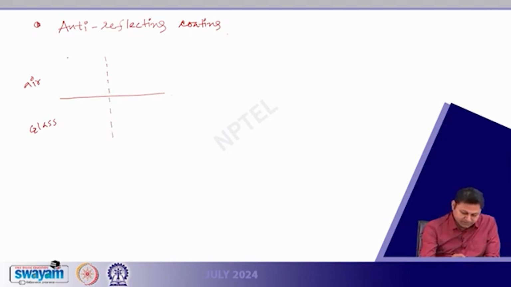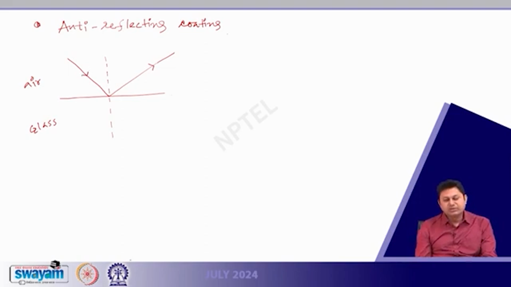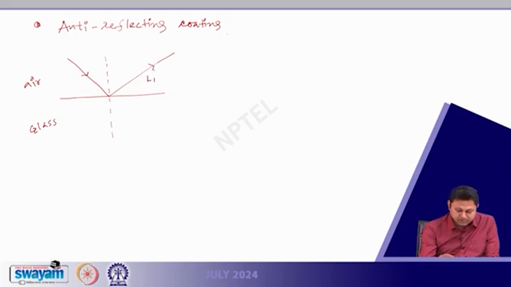When the light falls here, it will simply reflect, and we can't do anything with this reflection. This will happen, simply light reflection.